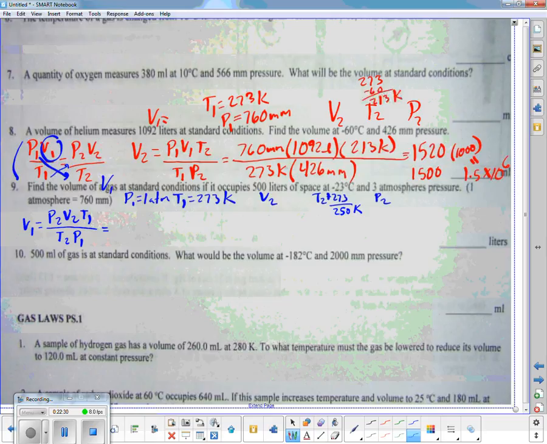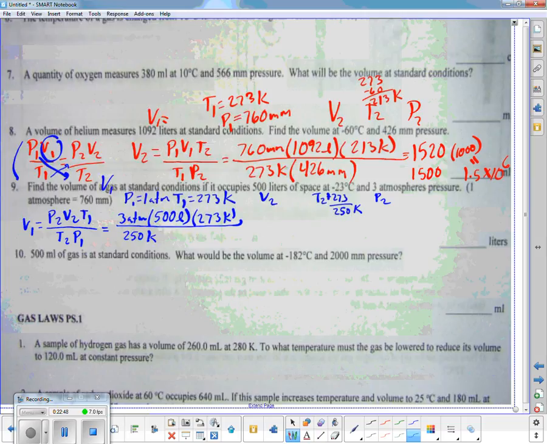Okay, so plugging in 3 ATM times 500 liters times T1, 273 K, divided by T2, 250 K times P1, 1 ATM. $2,000.